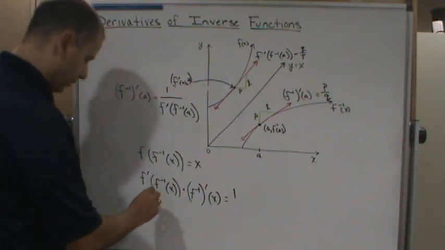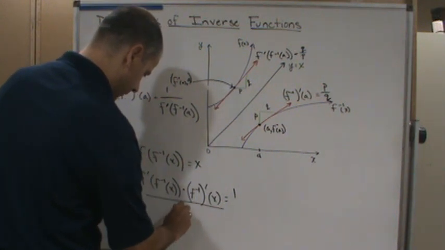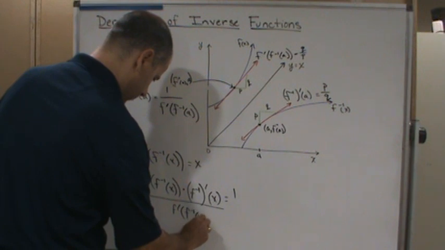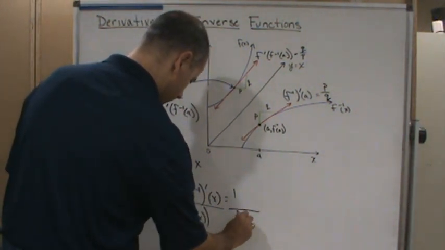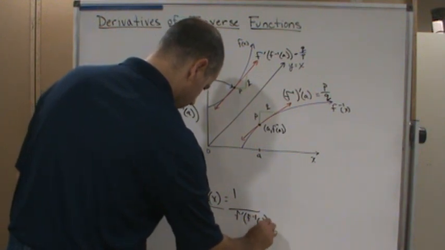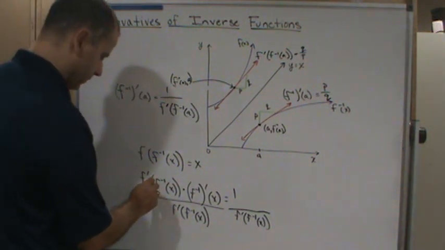And then all we have to do is just divide both sides by f prime of f inverse of x and we get the result.